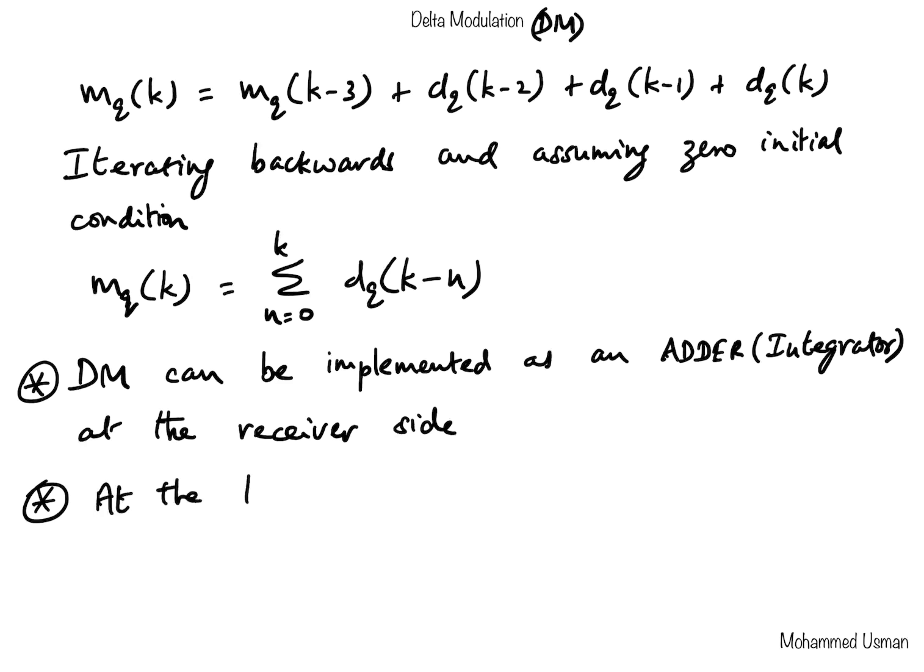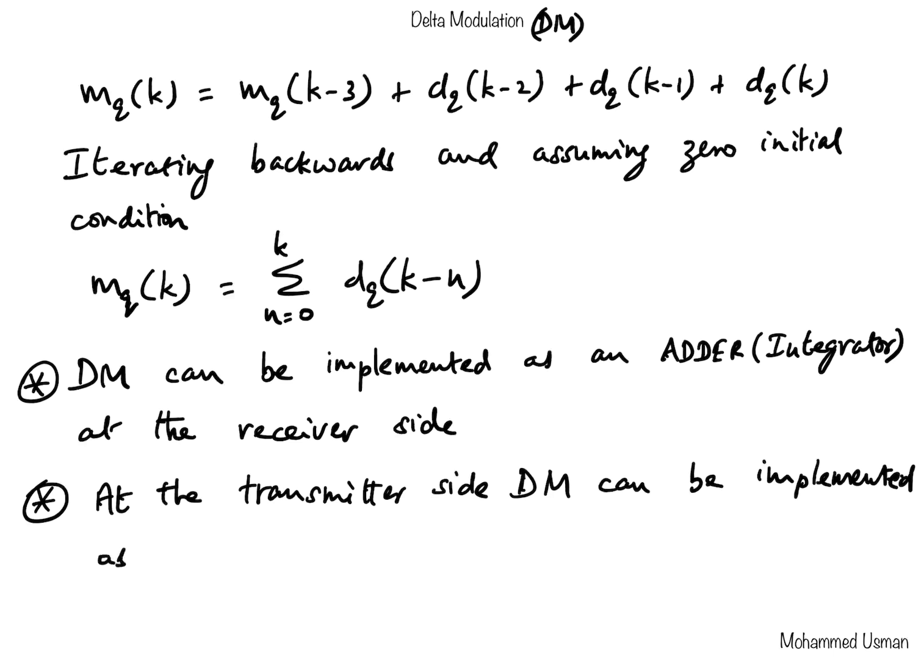At the transmitter side, delta modulation can be implemented as a subtractor or differentiator.